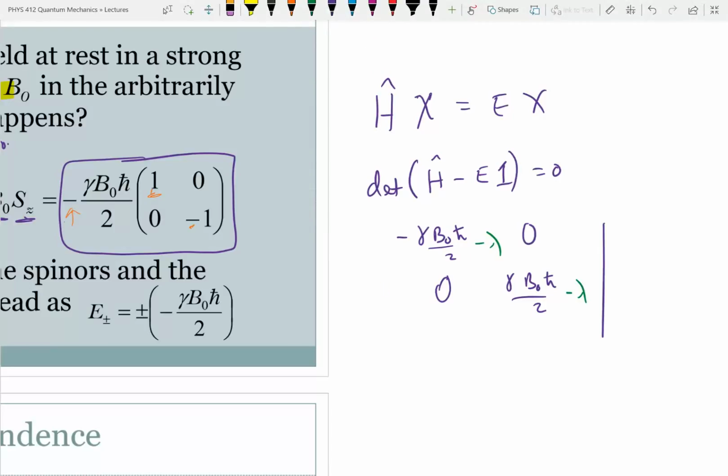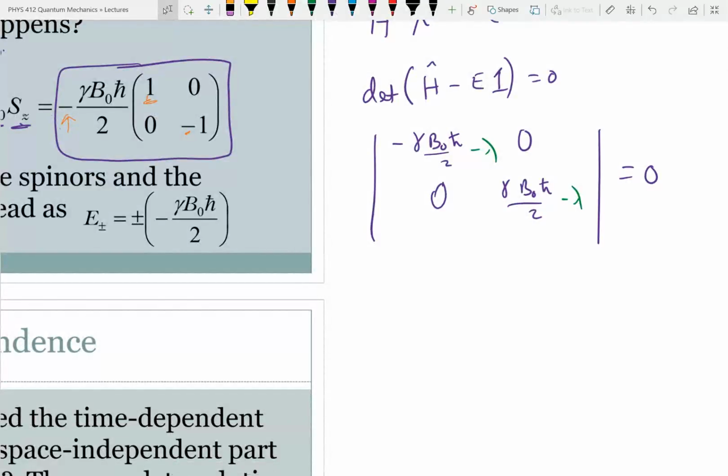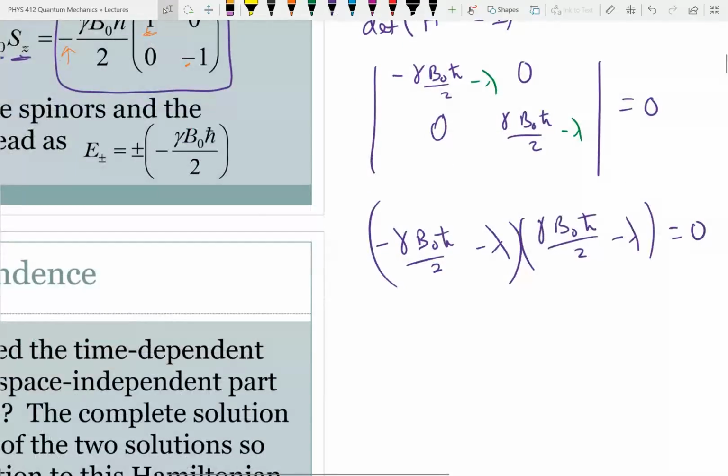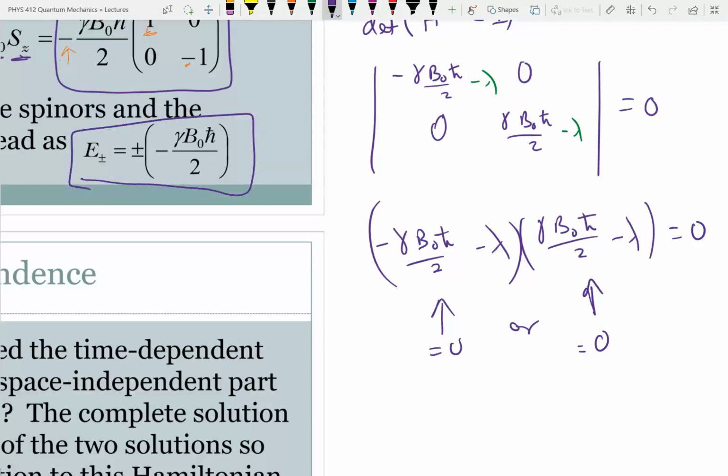We would do the determinant of this equals 0, and all we would have is this equation, which is true if this thing is 0 or this thing is 0, which means lambda is equal to one of those two values, right? That's why we can just read it. And so that's where we get the two energy eigenvalues.